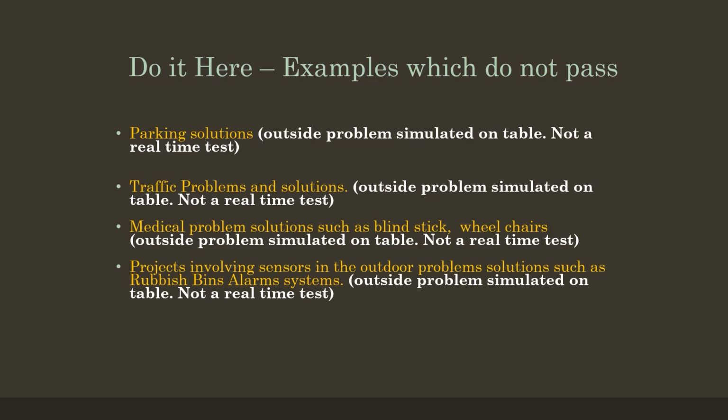And in the past we have seen many projects involving sensors. We have this rubbish bins alarm system, for example, a rubbish bin outside in my city, in my street. Imagine if we put a sensor there, will this sensor be okay at 40 degrees? Usually the temperatures in the Kingdom are on the hotter side.